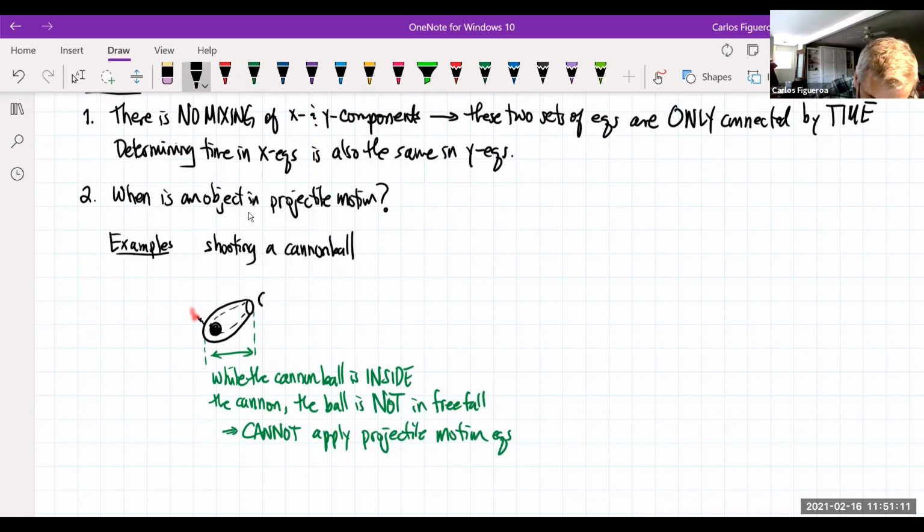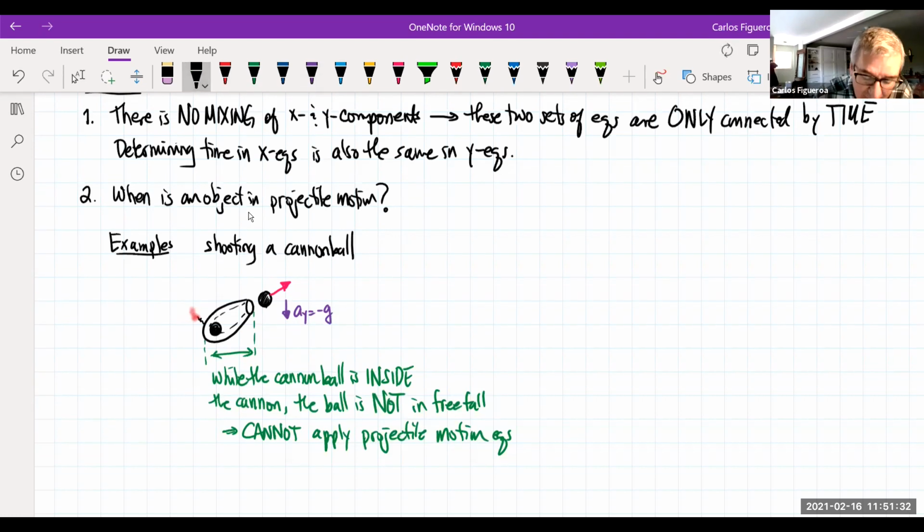Only after the cannonball has left and is now outside of the cannon, then we know that once it's outside, there's an acceleration in the y direction that's minus g.